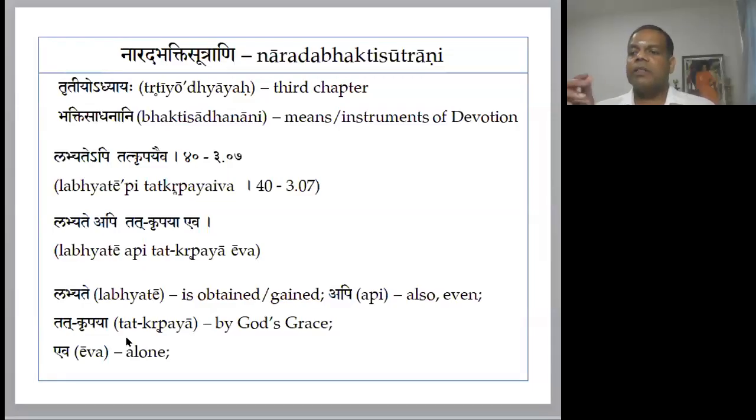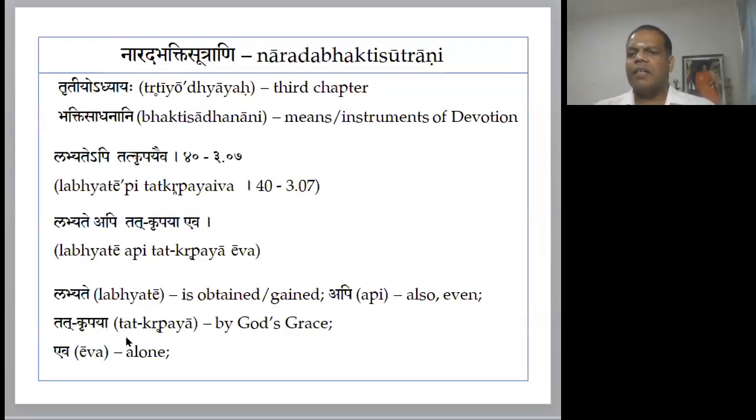That means listening to the glory of the Lord and also singing of that. That is one of the means. Then the most important is Mahat Kripayaiva. That means the compassion or grace of the great ones. That's the second one which we looked at.